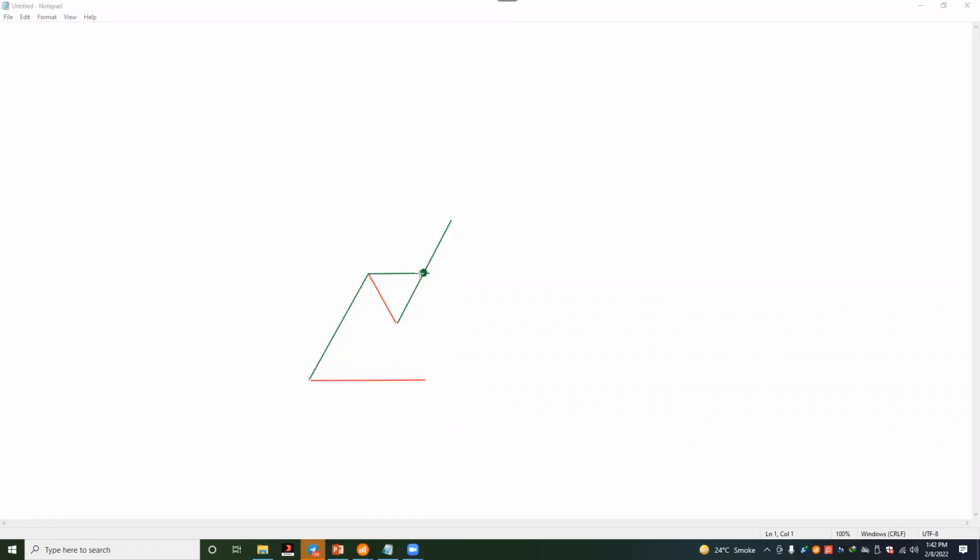So after the breakout, if minimum one candle closes up anywhere, it will be called the break of structure. Break of structure means that this is the resistance which is broken by the impulse wave. So the break of structure is happening here. Now this wave is called the break of structure wave.